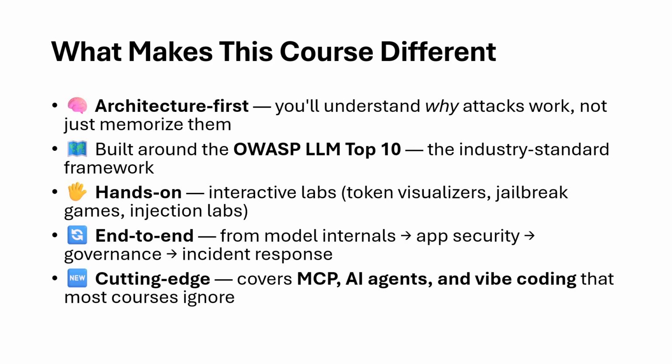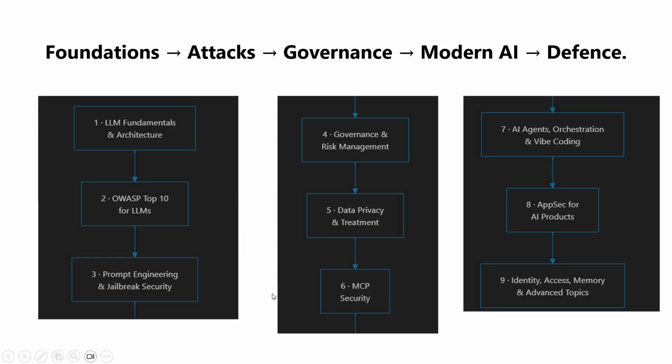I'll try to fetch labs wherever possible to support what I'm explaining, so when we go through a concept, you can understand it practically and have a hands-on exercise on top of it to emphasize the concept in greater depth. Then it's end-to-end, from model internals to app security, governance, and incident response. And it's cutting edge: it covers MCP, agents, and vibe coding, which most courses ignore as of yet.